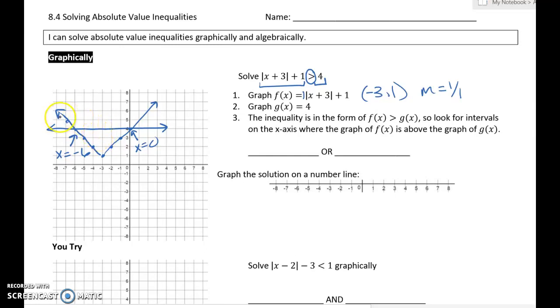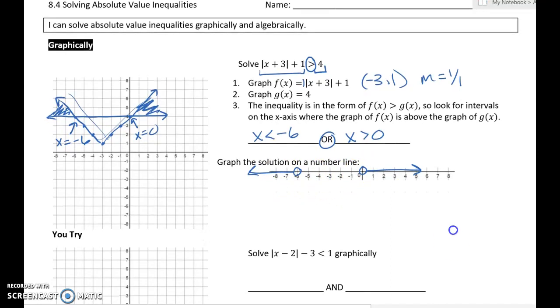So it's above it here and here. So that is where x is less than -6, or, because they're not connected, x is greater than 0. And on a number line, you have x is greater than 0, x is less than -6. Again, they don't meet in the middle, they're not connected, so it's an or.